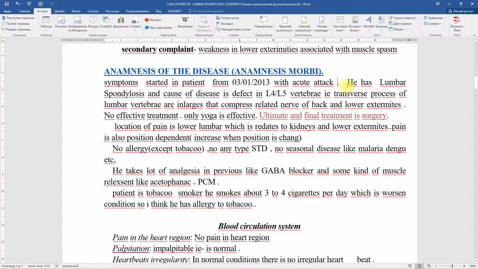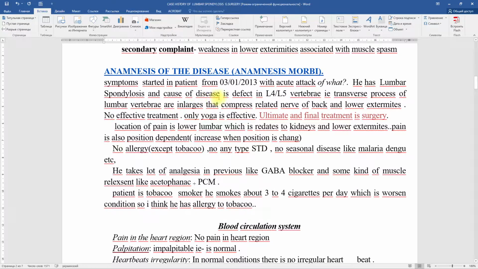Acute attack. Acute attack of what? He has lumbar spondylosis. How do you know that? You only started gathering anamnestic data.